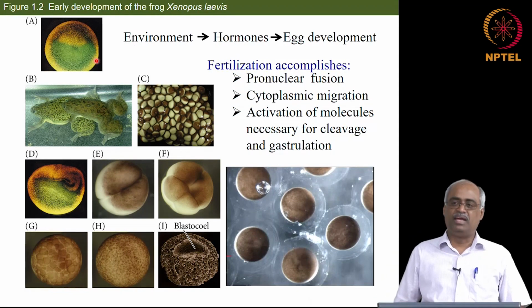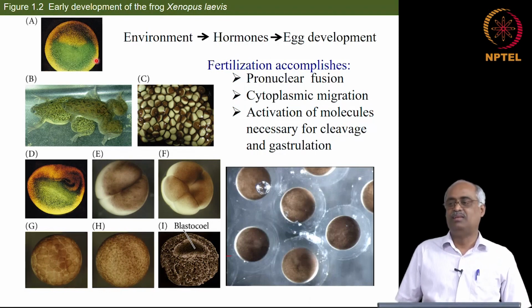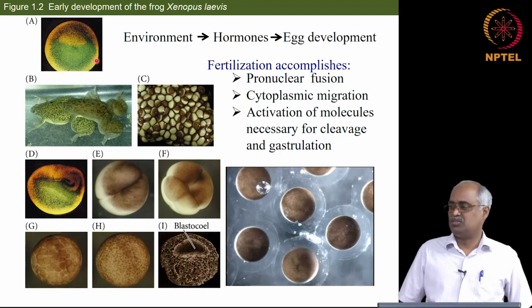And at the same time it triggers the hormone from the ovary. Ovary is endocrine gland as well, and that stimulates the liver to produce all the food materials like yolk to fill in the developing oocyte. So that's how oocytes mature.